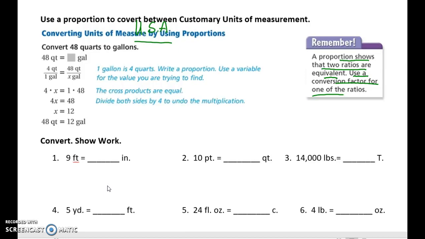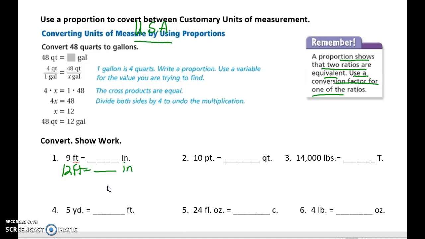All right, on your reference sheet or on your note box, how many feet equals how many inches? Point to it. Pointed. Okay, go ahead. Tell me, how many feet equals how many inches? 12.